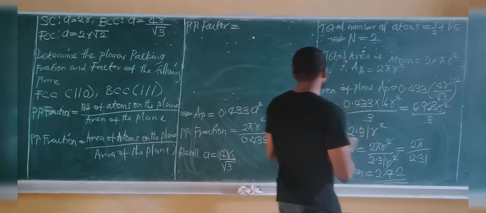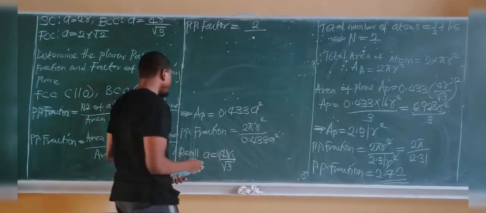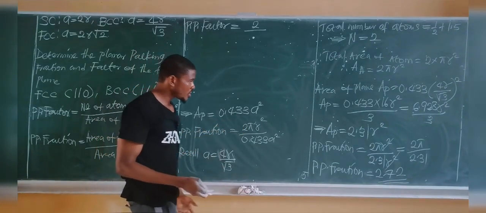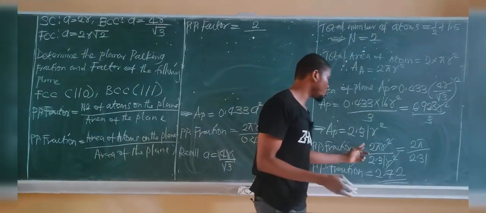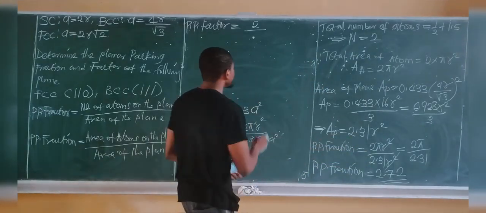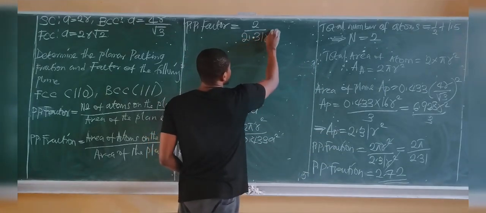Total number of atoms is 2. So this will give us 2 all over the area of the plane. So you can choose to use here 0.433 a squared, or you can still choose to use 2.31 r squared. But let me use it in terms of the radius. This becomes all over 2.31 r squared.